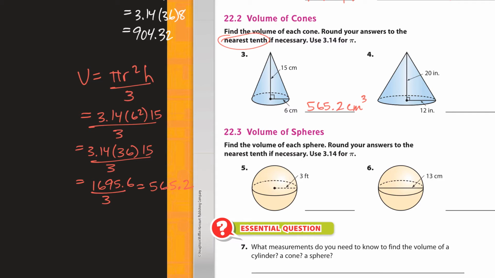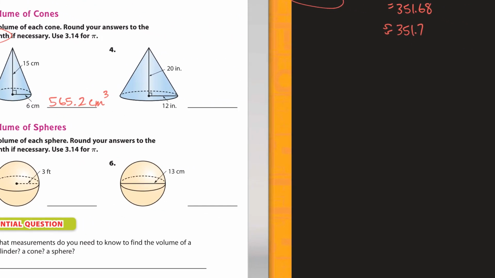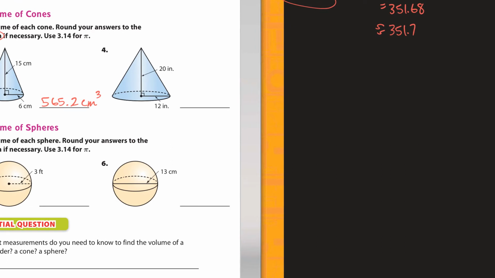Next, number 4. Volume of this one, same kind of thing. It's going to be volume is pi times the radius squared times the height of the cone divided by 3. That's 3.14. The radius is 12, so it's going to be 12 squared. And the height of this is 20, so times 20, but you have to divide by 3 in the end.